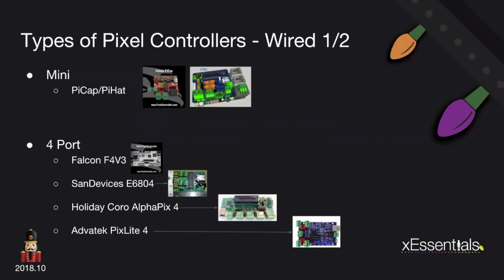What's the refresh rate? How many pixels per port can you run? Are there some other limitations that you need to bear in mind? Is there the ability to adjust the RGB color order on each string or each port, or is it global for the pixels that you plug in? Some things that are good to know before you pick your vendors.